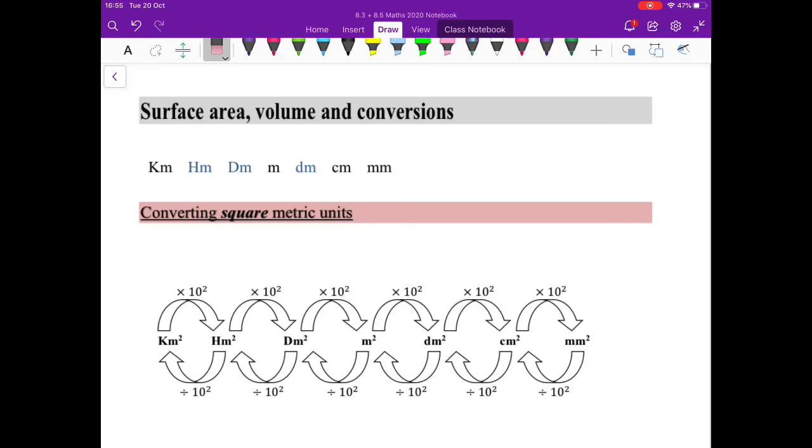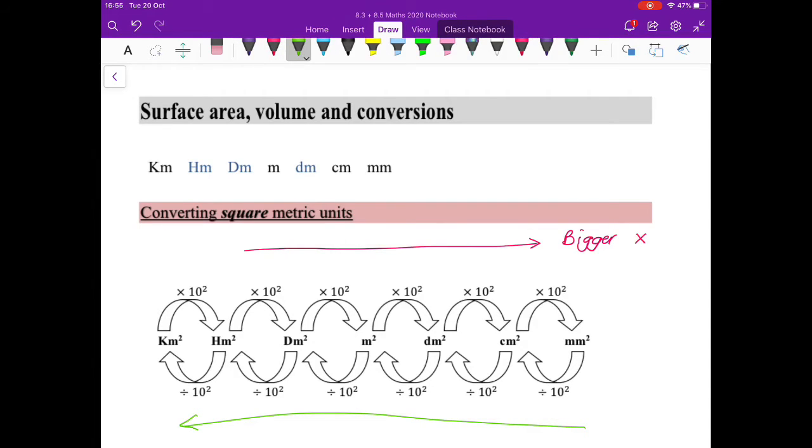We're just going to recap converting square metric units. If you remember, when I look at my ruler and I go this way along the ruler, my numbers are getting bigger, and bigger means multiply. When I go this way along my ruler, my numbers are getting smaller, and smaller means to divide.